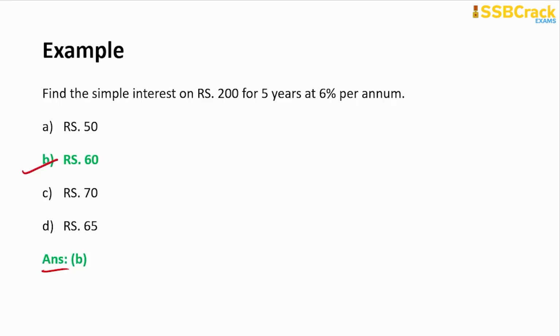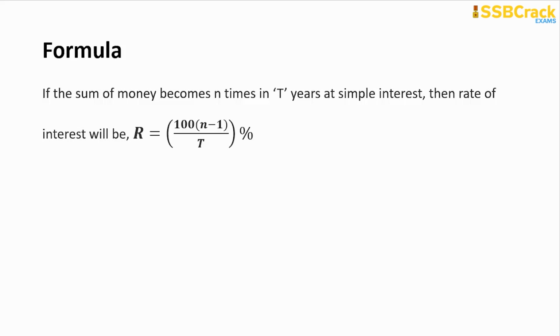Alright, and now let's understand another formula which is applicable for the simple interest concept, and when to apply this formula. If the sum of money becomes n times in t years, note, at simple rate of interest.